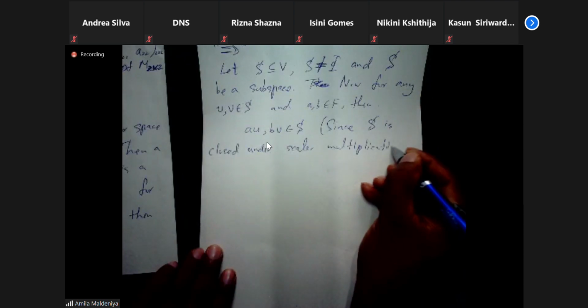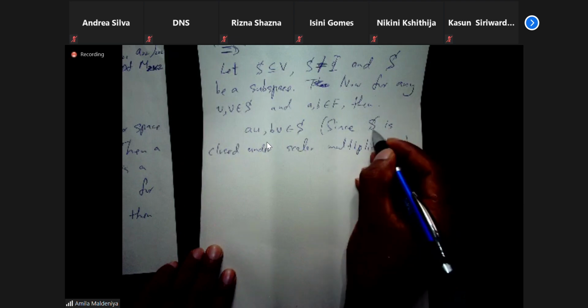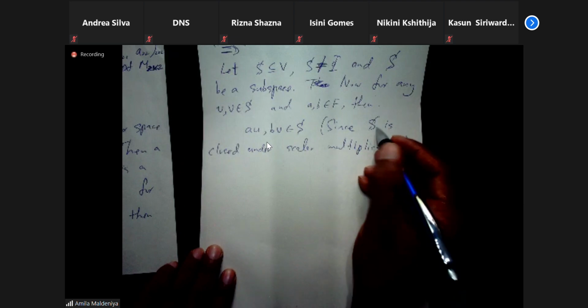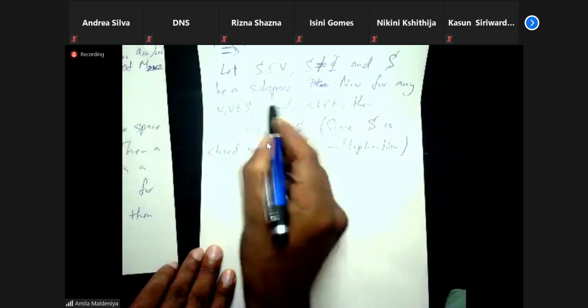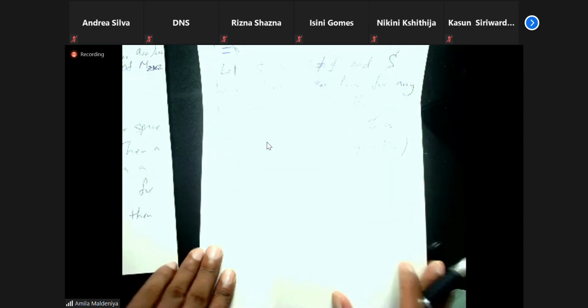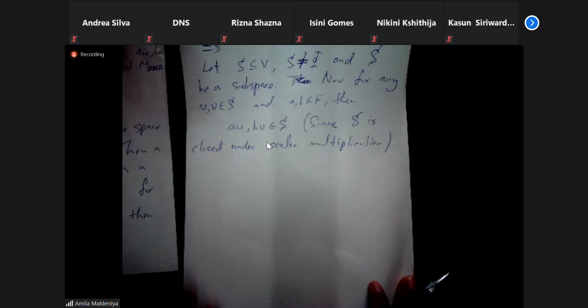Why is S closed under scalar multiplication? Because S is a vector space. We are assuming that one. Let S be a subspace. Subspace means a vector space, right? Scalar multiplication.